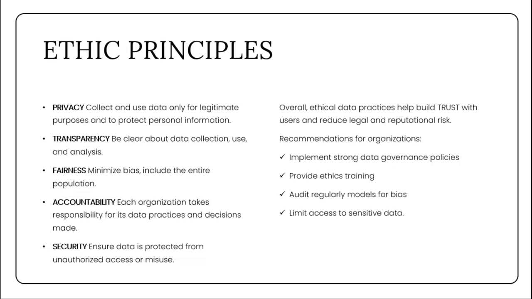Accountability means organizations take responsibility for their data practices and decisions made using that data. Security ensures data is protected from unauthorized access or misuse. Overall, ethical data practices help build trust with users and reduce legal and reputational risks.